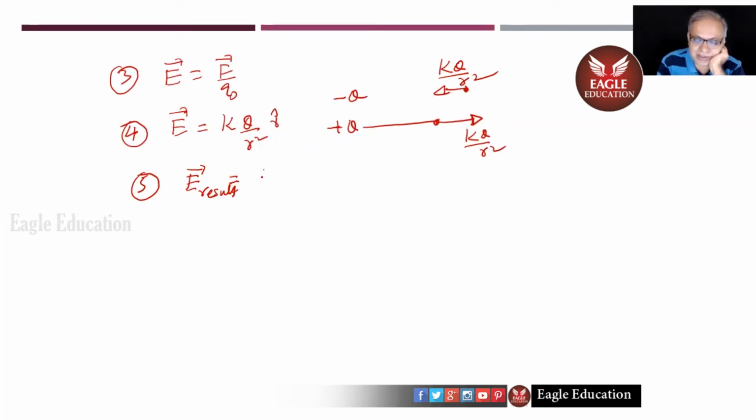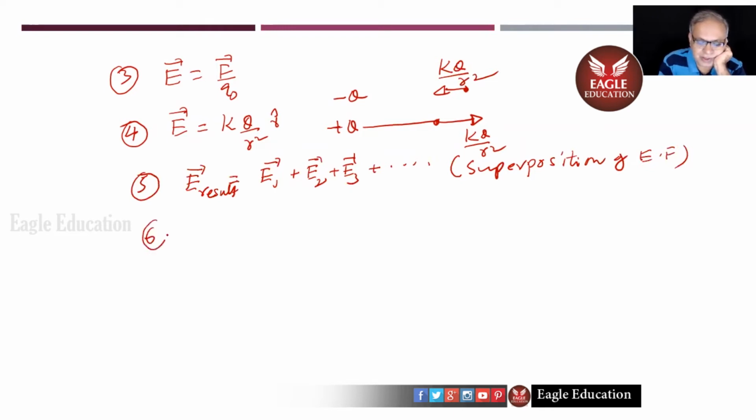E resultant is E1 plus E2 plus E3 plus so on. This is superposition of electric fields. All right.